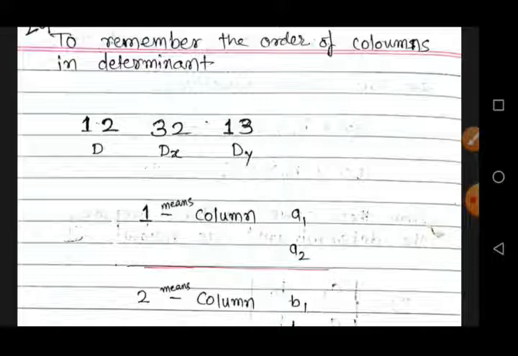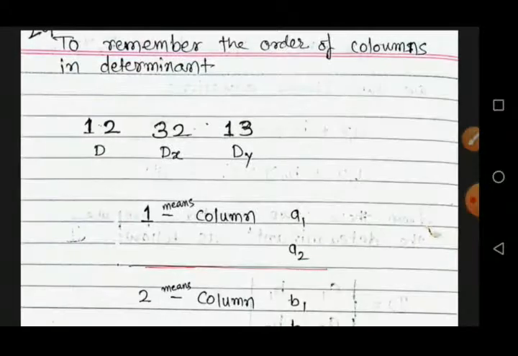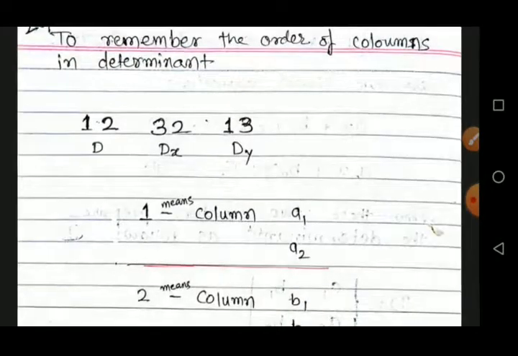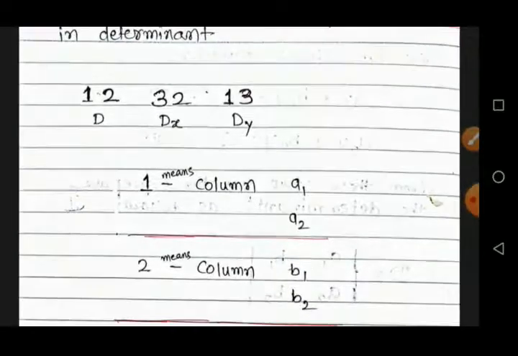Generally we remember a 10-digit mobile number easily. Then this 6-digit number is very easy for you to remember: 12, 32, 13. That means in between 12 and 13, write down 32. Then what is 12? I have given the meaning of this.